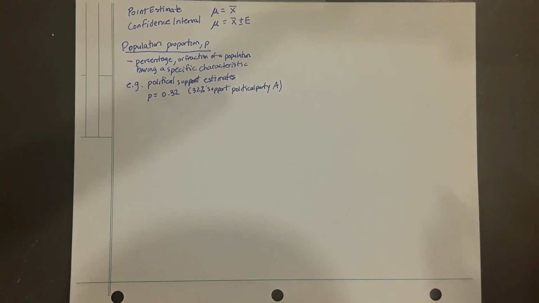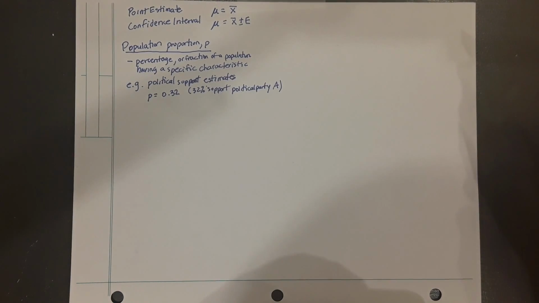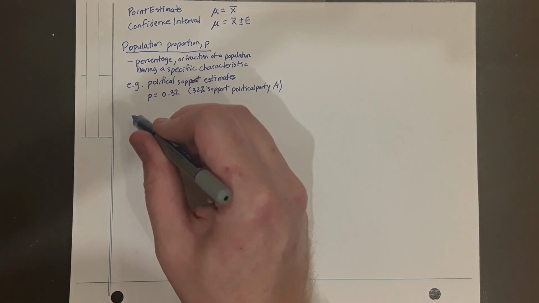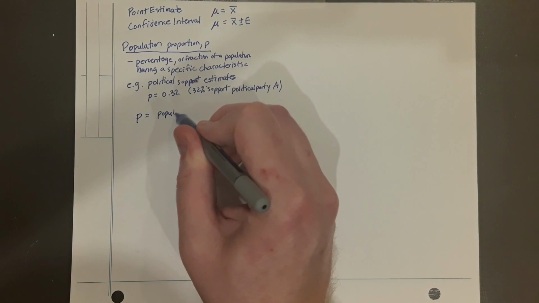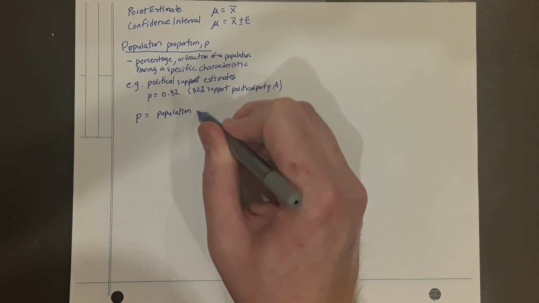Now you'll notice that this P notation is very similar to what we had already covered in the binomial distribution. And so we can talk about P as the population proportion that we're trying to estimate.